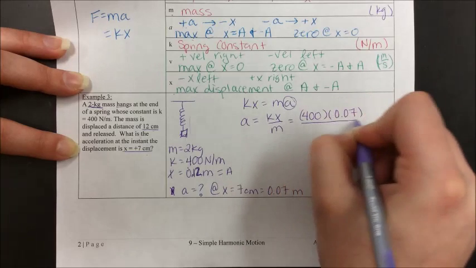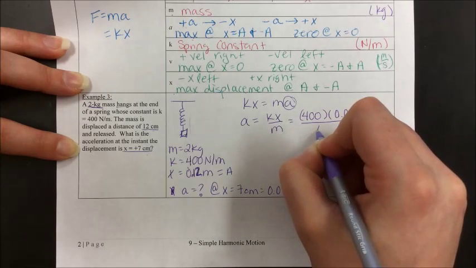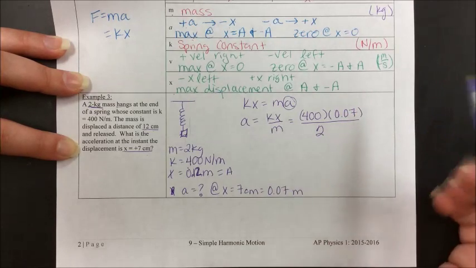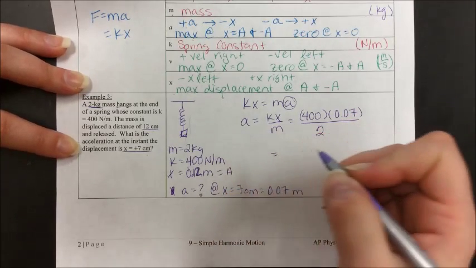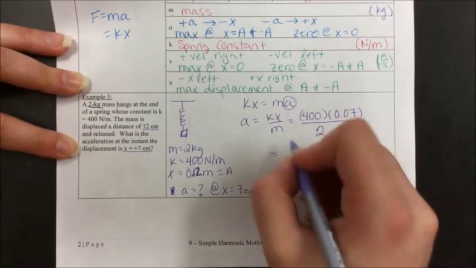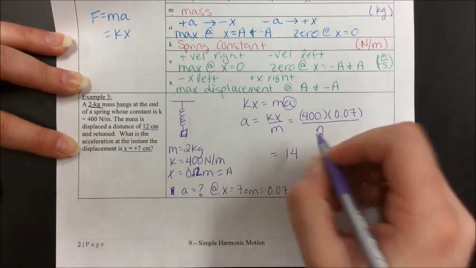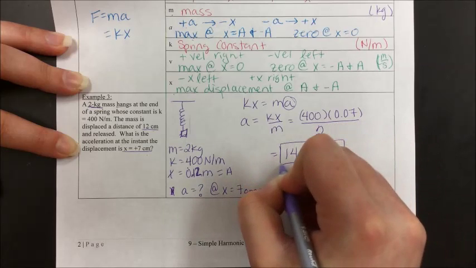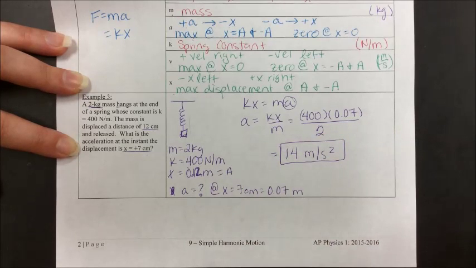We want to make sure that we use the proper x, and we get that from reading our question carefully. And so when we calculate that out, we end up with an acceleration that is 14 meters per second squared.